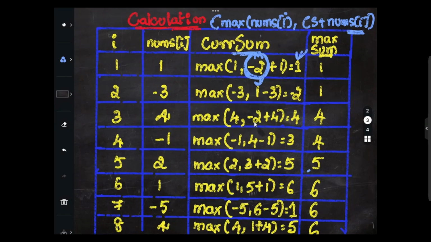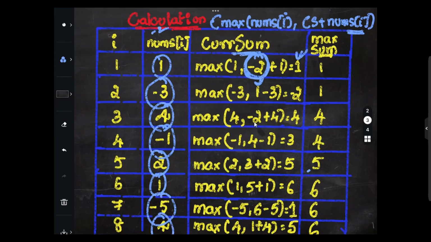So nums of i is 1, -3, 4, -1, 2, 1, -5 and 4. This starts after the -2 we considered initially.